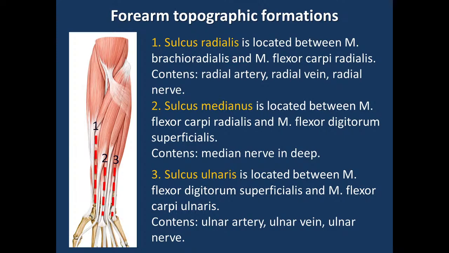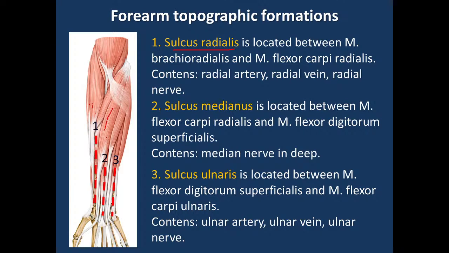In the forearm there are three sulci. Radial, number one, between two muscles. This is the first one, named the brachioradialis muscle.